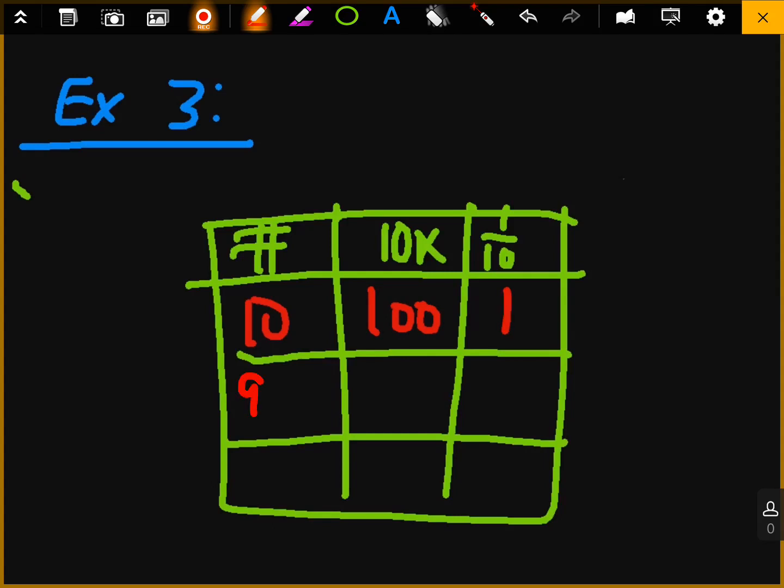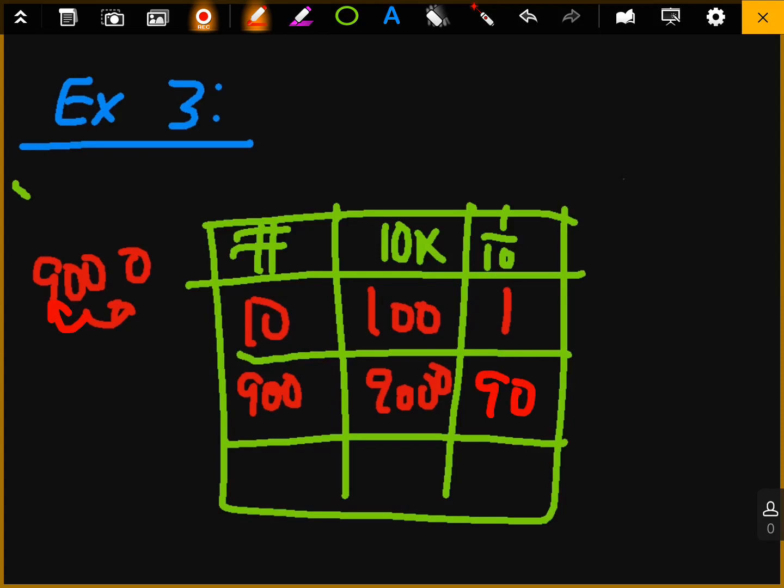Let's do a more complicated number, something like 900. Well, 900 times 10, you have to add another 0, which would make it 9,000. And 1/10 of that, you'd have to go back 1, which would make it 90. Apologize if that's sloppy.